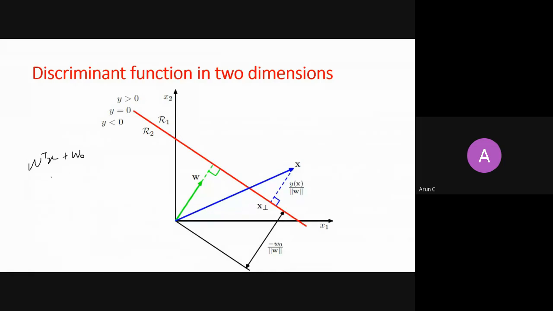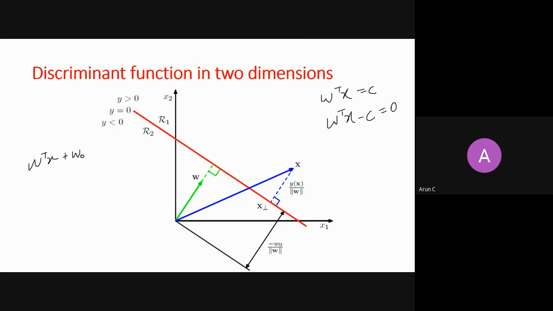I told you the equation for the unit vector: W transpose x equals C for some constant. To bring it to a standard notation, W transpose x minus C equals 0, right?